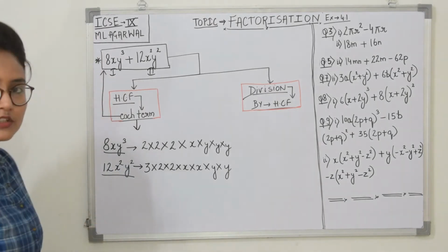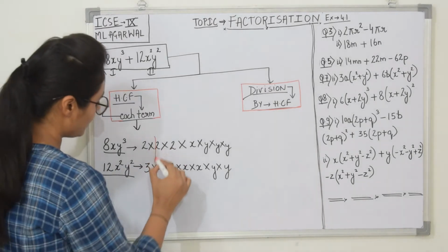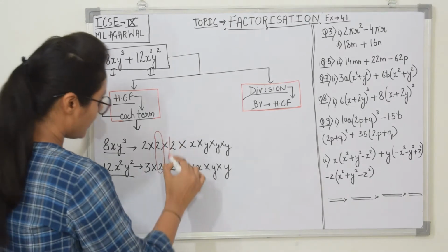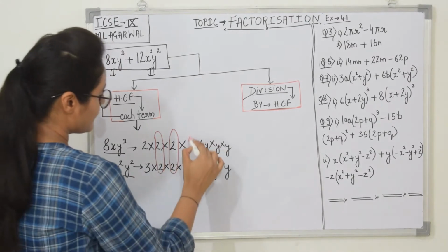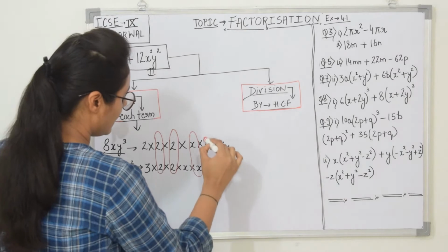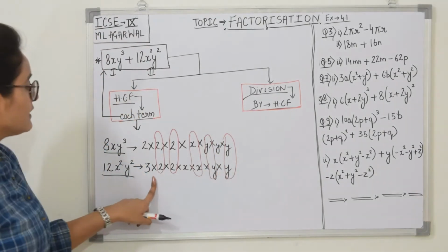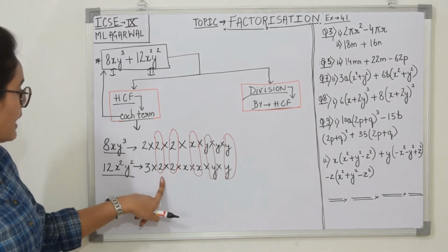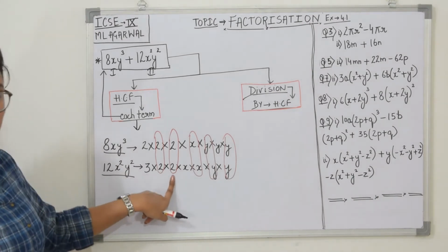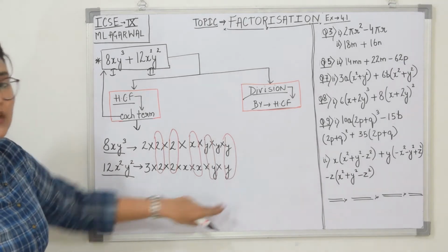Then we have y square, it will be y into y. Filtering out the common terms here, we get 2 and 2 as common. We get x as common, we get one y as common, and one more y as common. Just check it again. We get 2, 2 common, 1 x and 2 y.